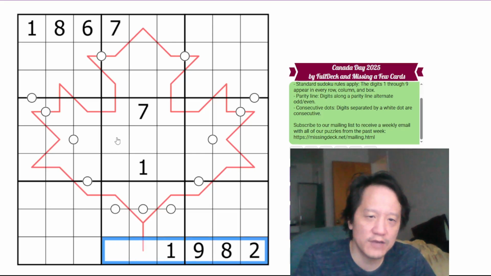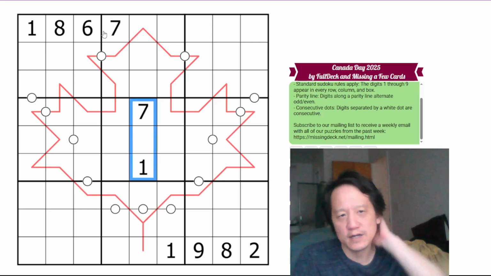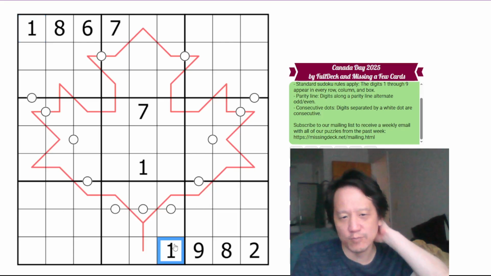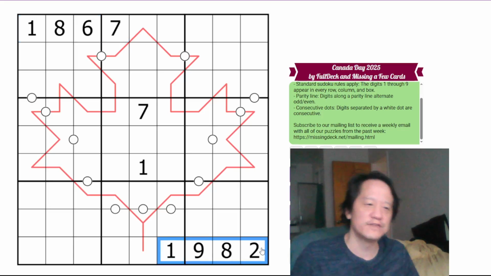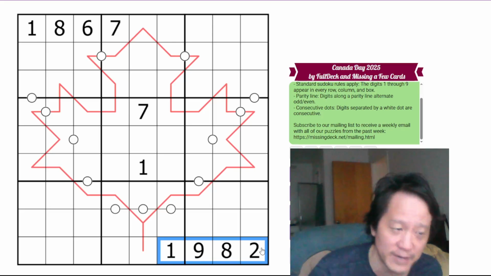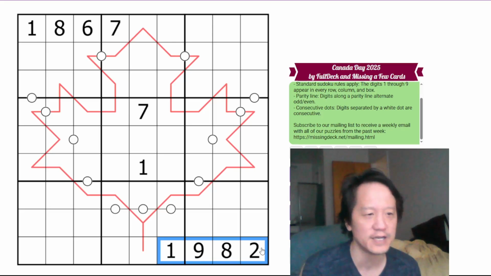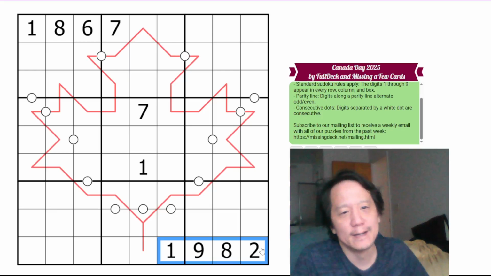Okay, we have some givens here. 1867. I think this is July 1st for Canada Day. I don't know what the year, these look like years, 1867 to 1982. I don't know what they signify. Apologies for that, I'm just not as well versed on Canadian history.